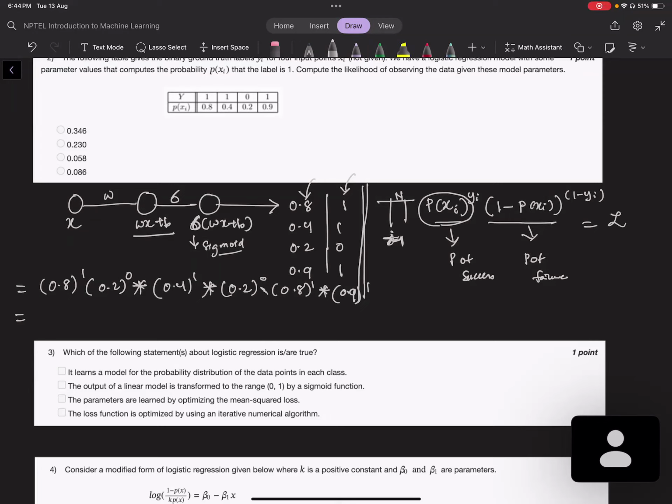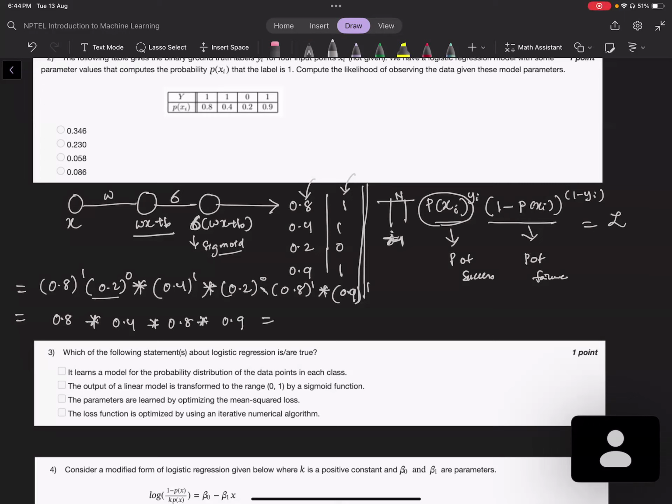If you compute this, it will be 0.8 times 0.4 times 0.8 times 0.9.